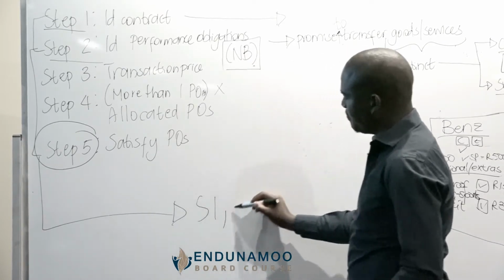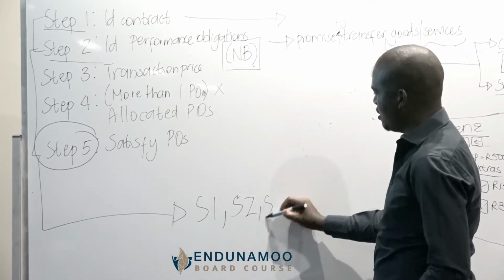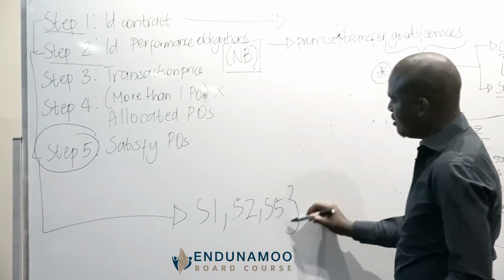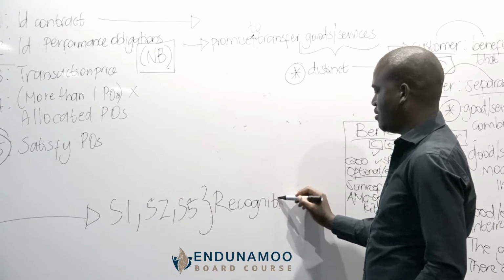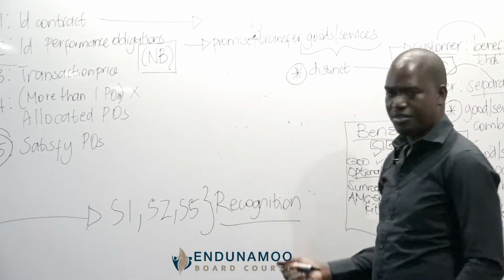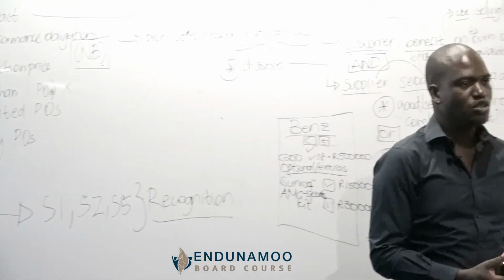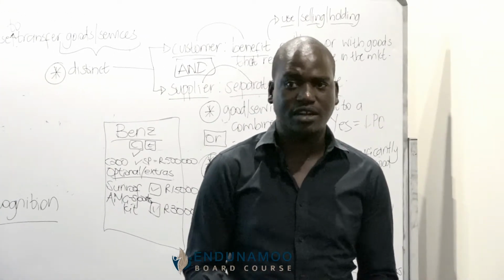So step 1, step 2, and step 5. What they talk about is the recognition of revenue.